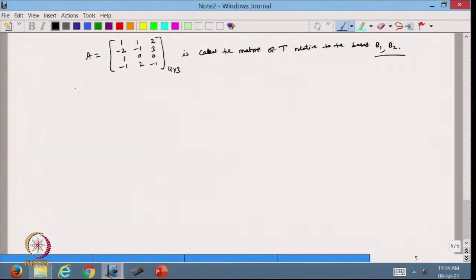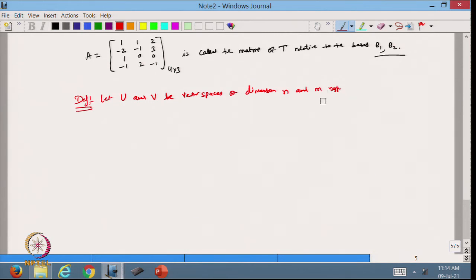So, now I can give the definition. Let U and V be vector spaces of dimension n and m respectively.